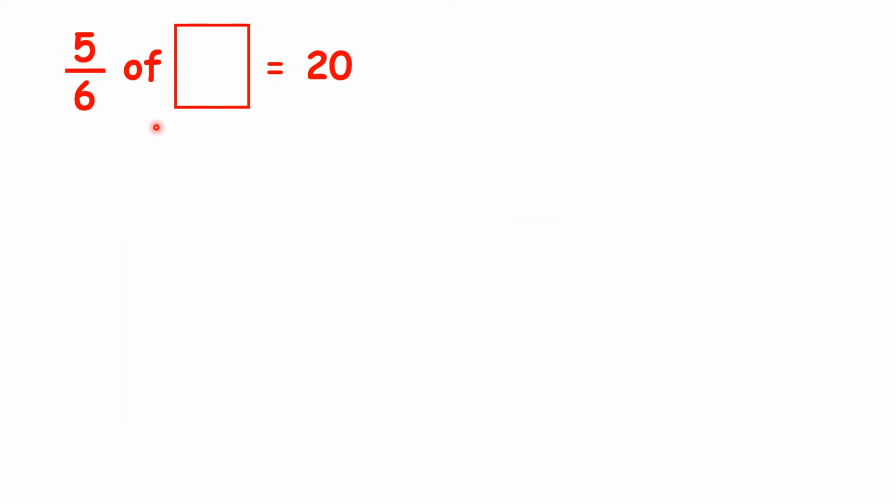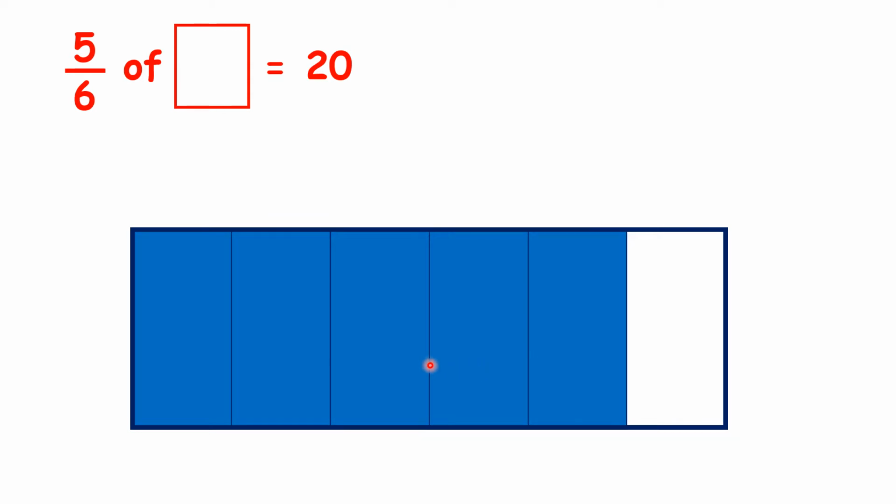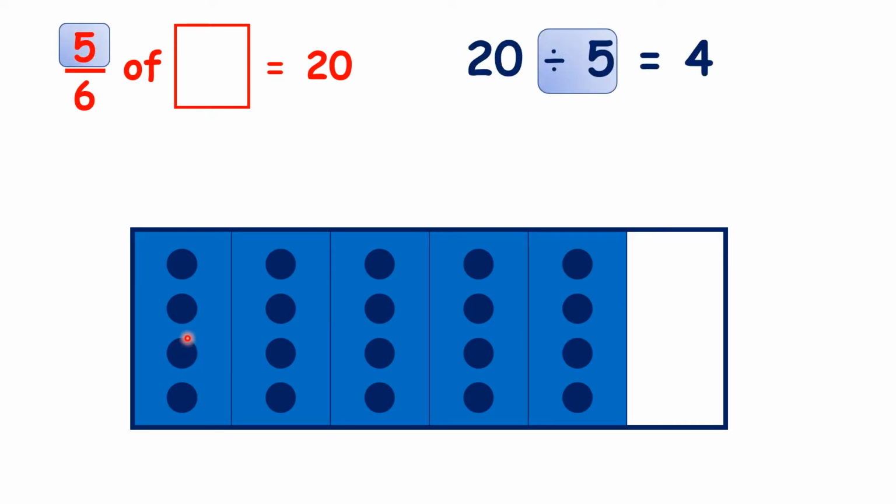So 5/6 of what number is 20? So we can draw 5/6 on our fraction bar, and we can show 20 counters. If we have 20 counters in 5/6, then we must have 4 counters in each sixth, because 20 divided by 5 is 4.